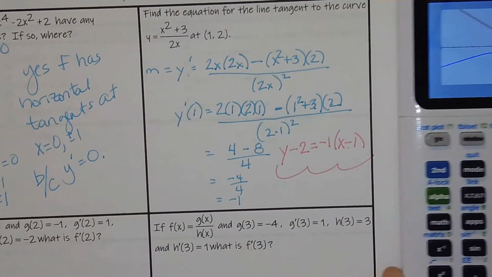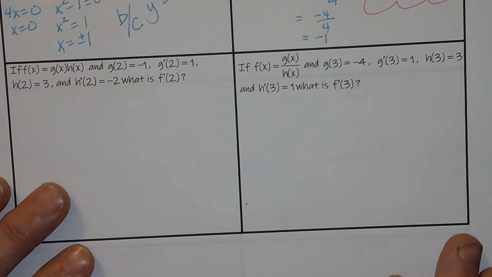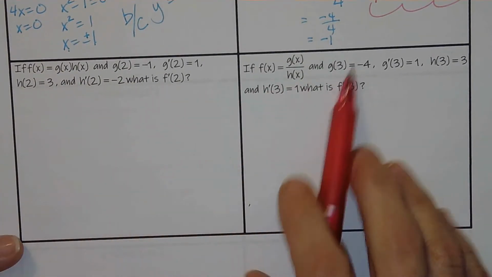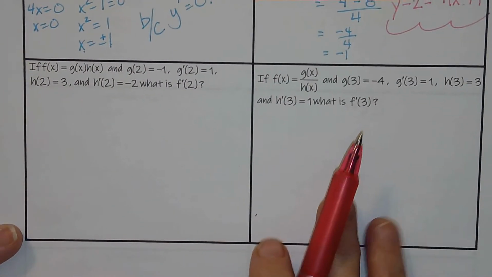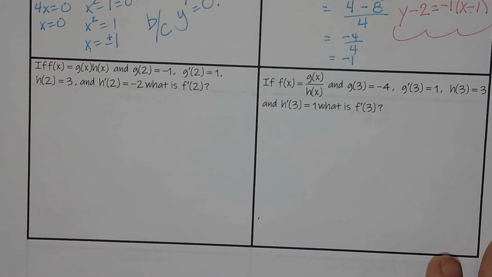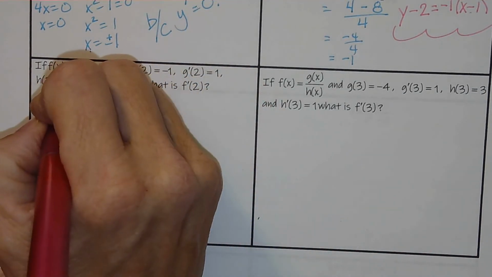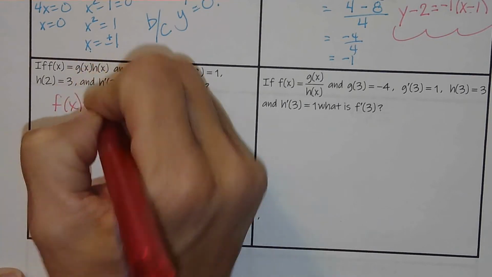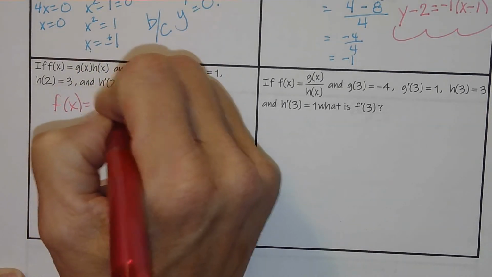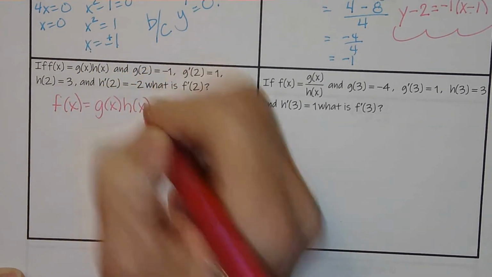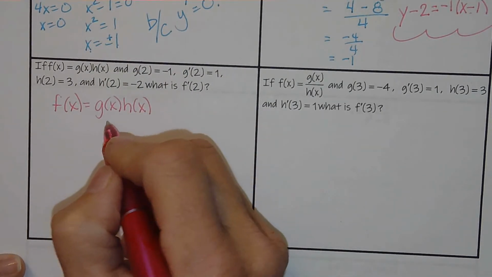Okay, so on these remaining questions, these are similar to the ones that we did a few minutes ago with the product rule. Here we've said that if f of x equals, now what are g of x and h of x doing to each other? This is a product.